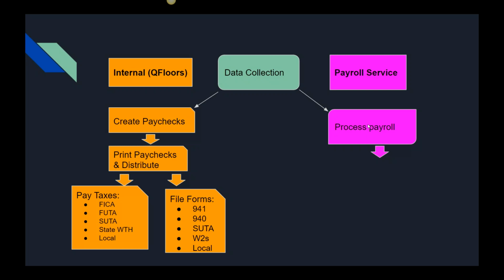It's similar to the setup that you have in QFloors, where you put in people's W-4 information and married, not married, single, that kind of stuff. What extra deductions they want, etc. You do all of that same type of setup that you're doing manually in QFloors. You do that same stuff with a payroll service. Okay, and so there's a one-time setup for all of your employees.